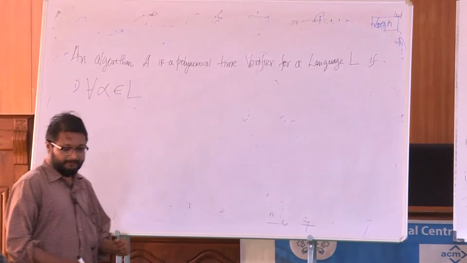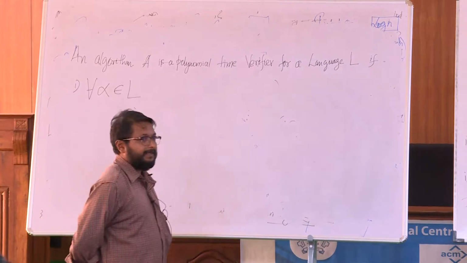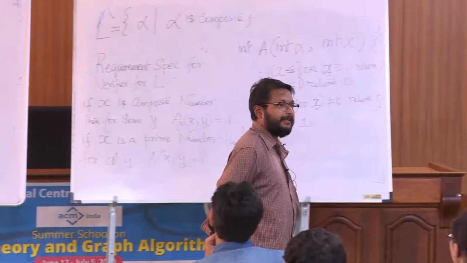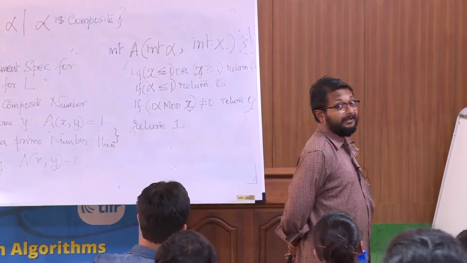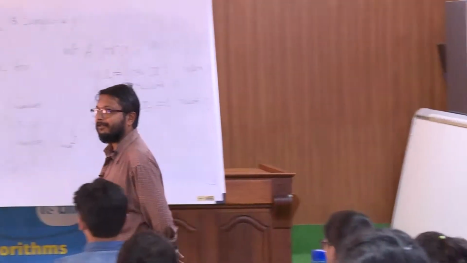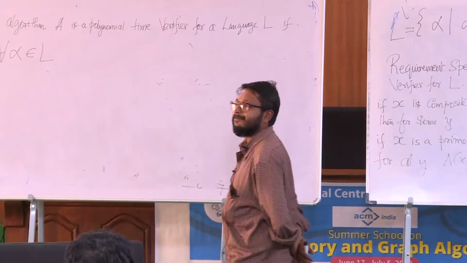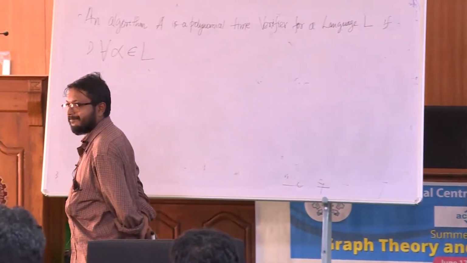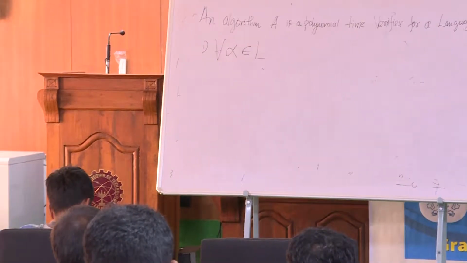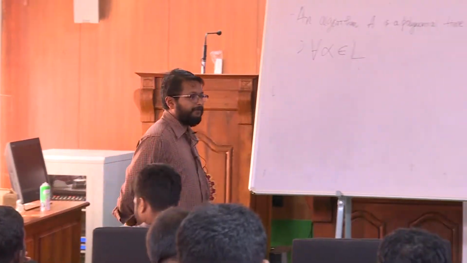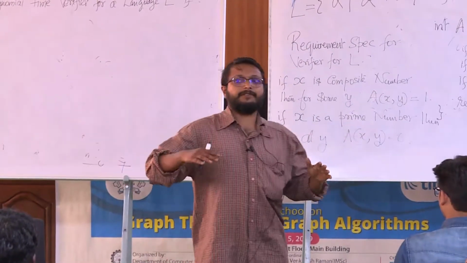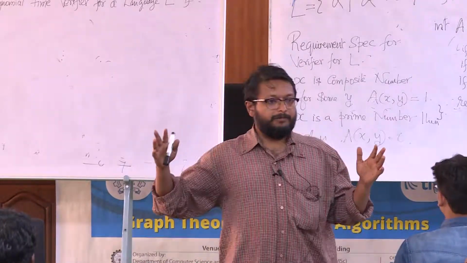okay, here there is a problem. I need to say that there exists a y of length at most polynomial in the length of alpha. Now, length at most polynomial in the length of alpha means what? I am going to fix a priori that, for example, the proof can be of length at most length of alpha square or length of alpha cube or something like that.